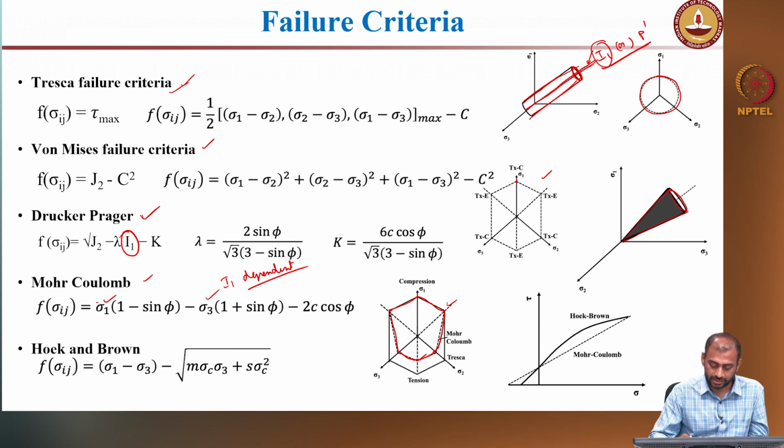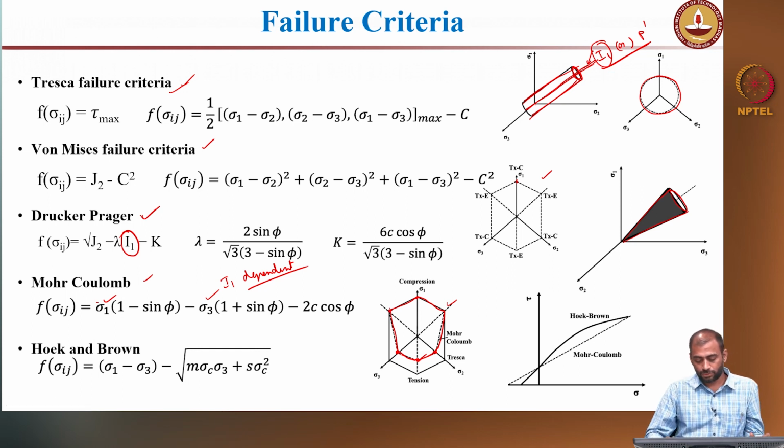This irregular hexagon is predominantly due to the material response. Again, the soil behaves differently in extension, right. That is why it is not a regular hexagon, it is an irregular hexagon, and you can see the strength in the extension part or the tension part is lower than in the compression part, right.